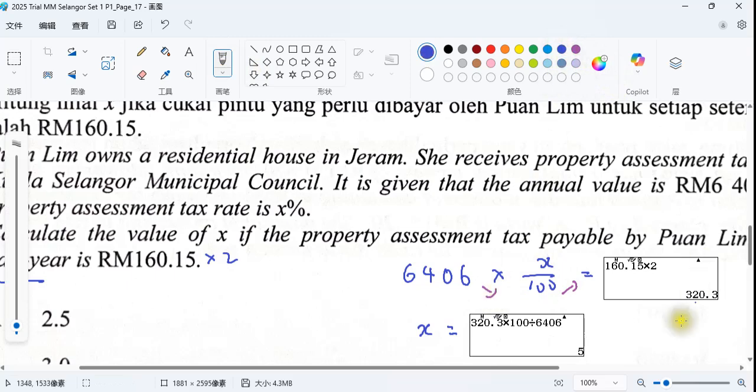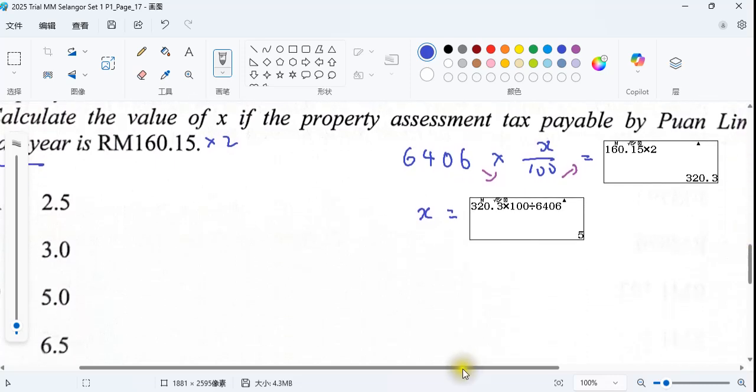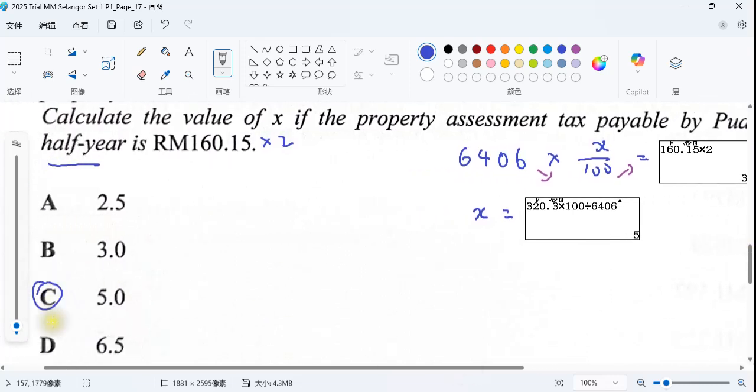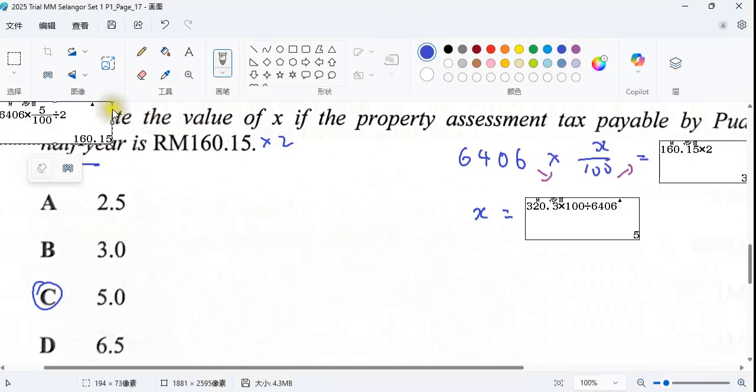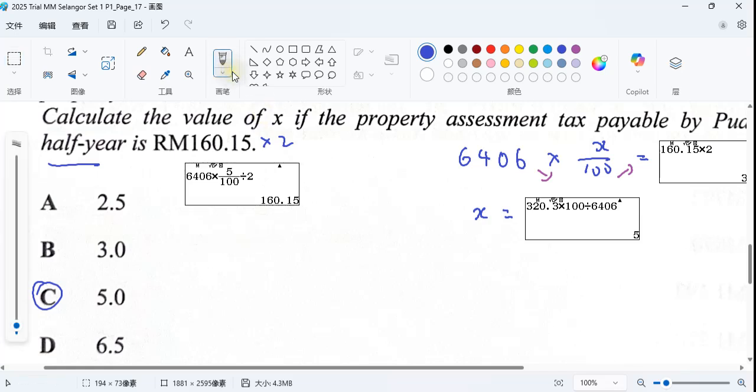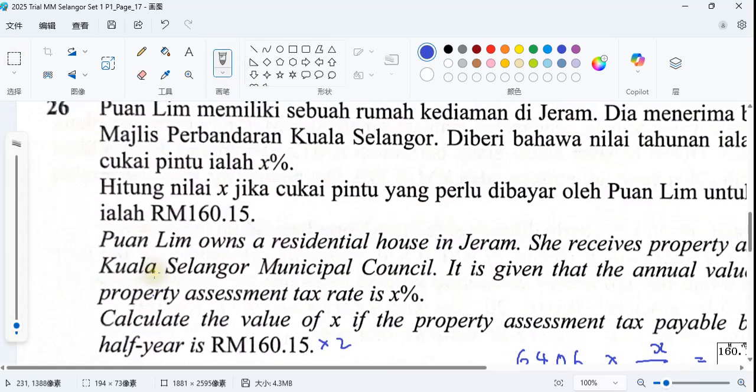Okay, how do we check the answer? It will be 5%. So 6406 multiplied by 5%, and then for half year divided by 2, it will be 160.15. Yes, correct.